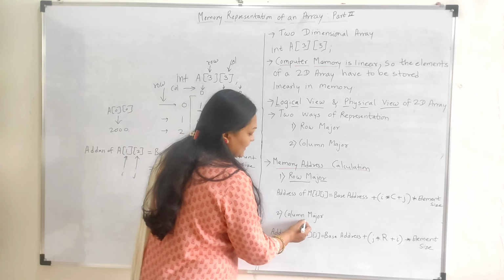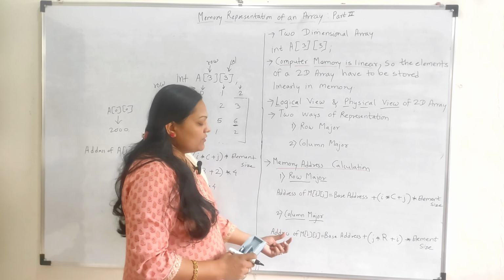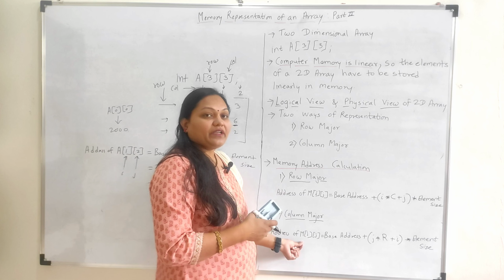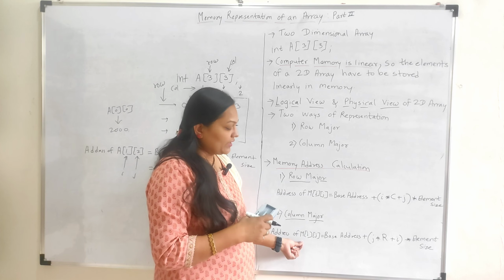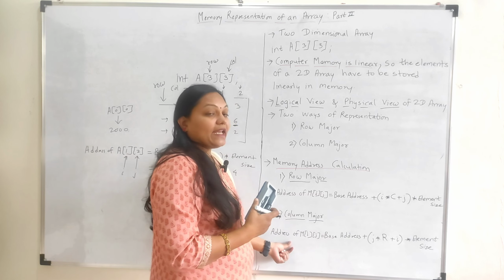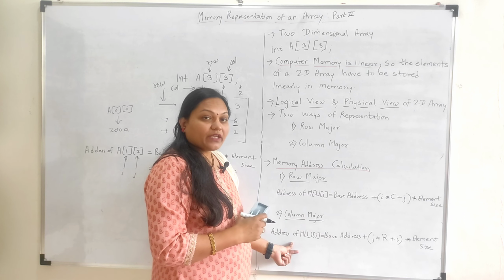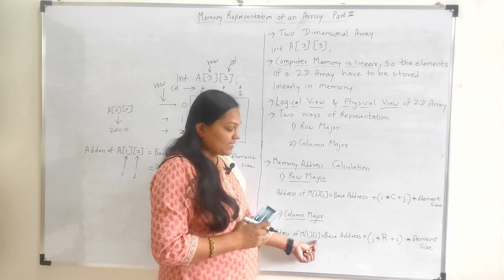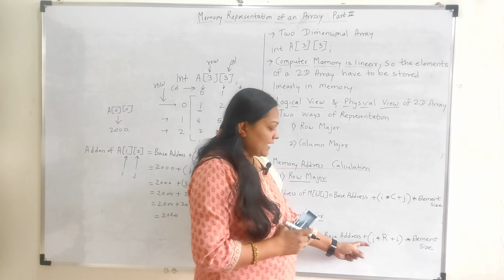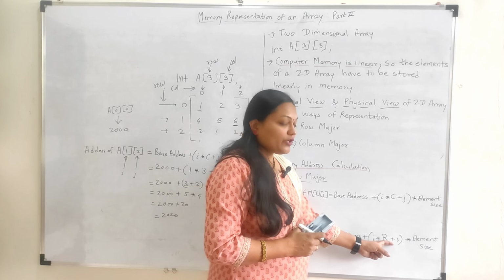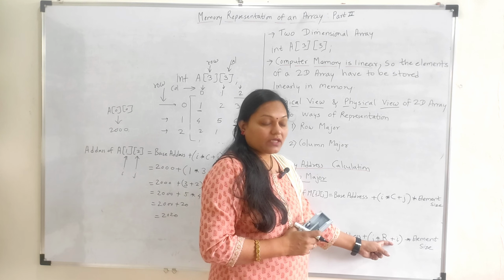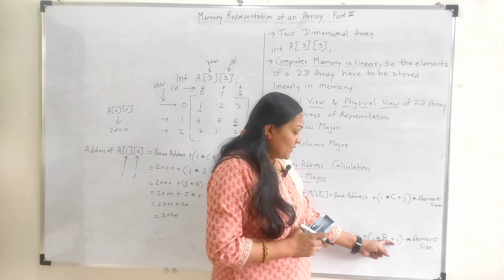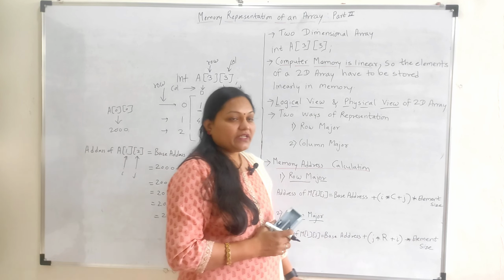So let's see the column major. If you are storing the elements column wise in computer memory, then for calculating the address of a specific index, the formula is address of Mij is equal to base address plus J into R, number of rows in the matrix, plus I, into element size.